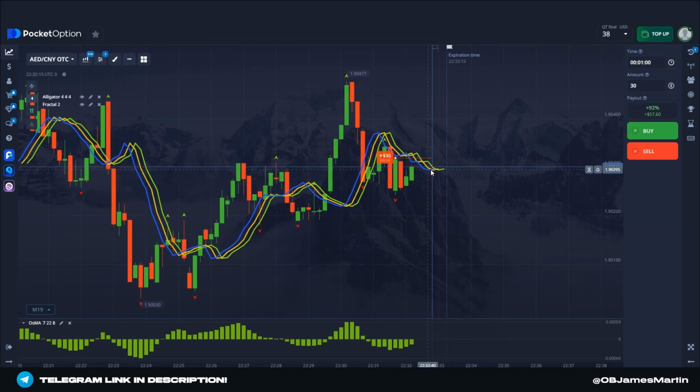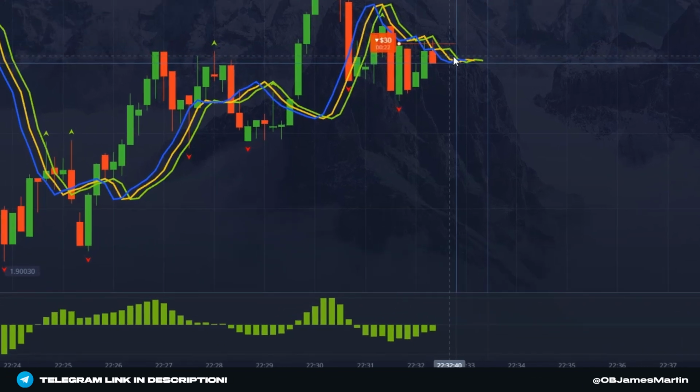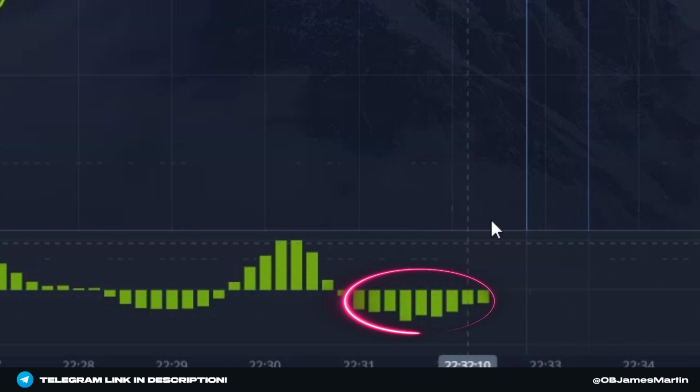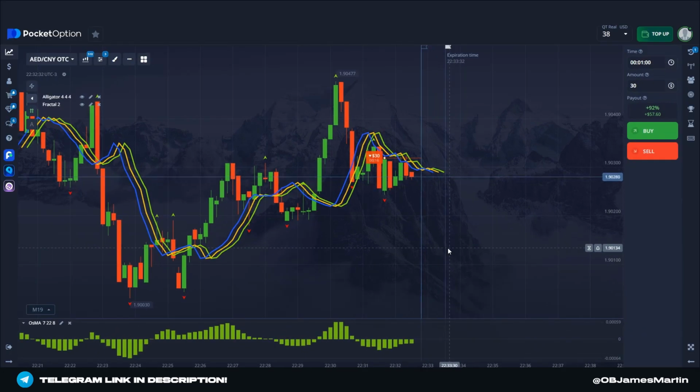When the green, yellow, and blue Alligator lines go down, that's a downtrend. At the same time, green candles are made in combination with this, as seen on the platform. So this would be the best entry point for this method: just the combination of these three indicators.